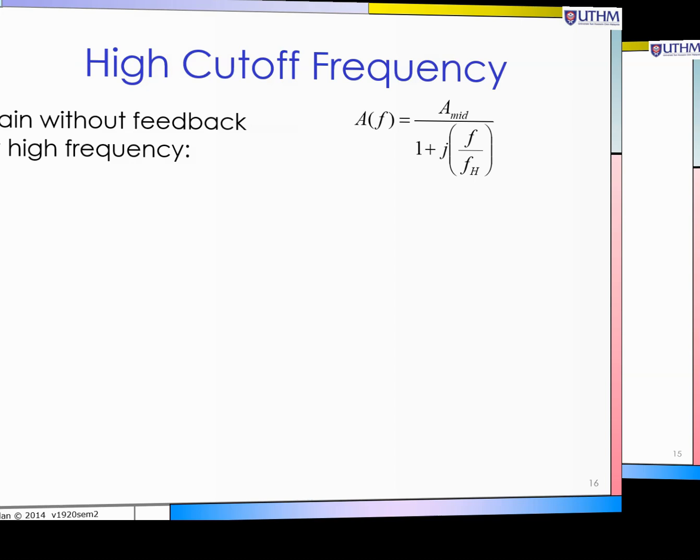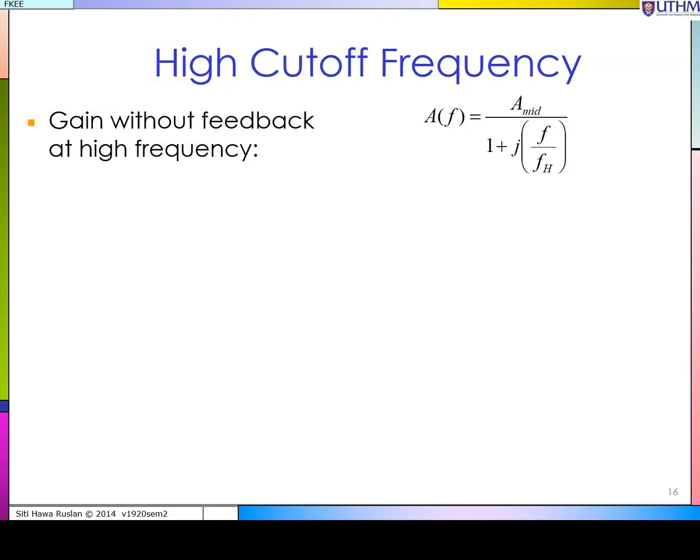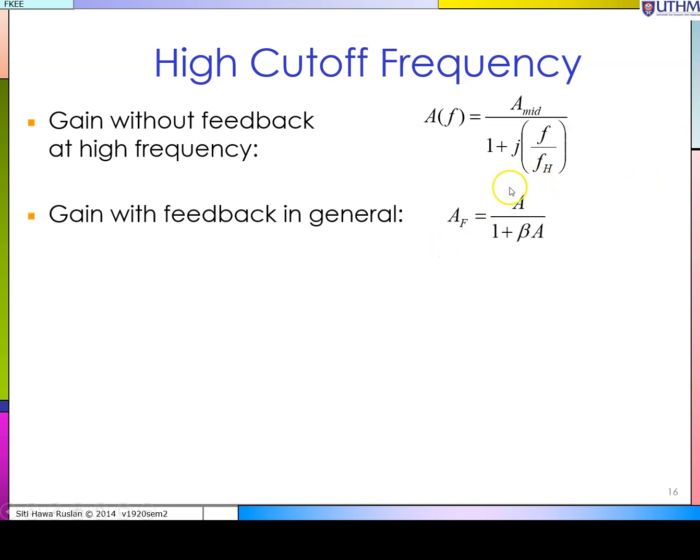Okay, and similarly for the high cutoff frequency, any amplifier is a function of frequency and can be written in this form: A max or A mid divided by 1 plus jF over FH. Okay, and we have derived this equation before.